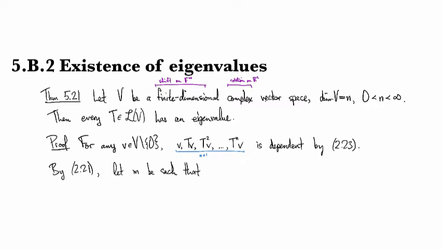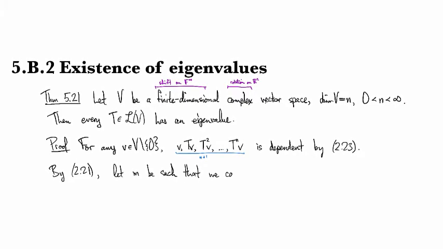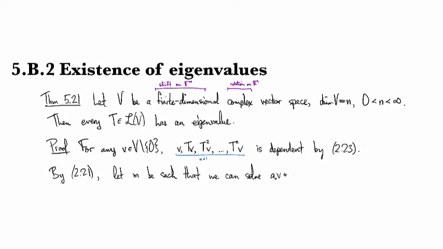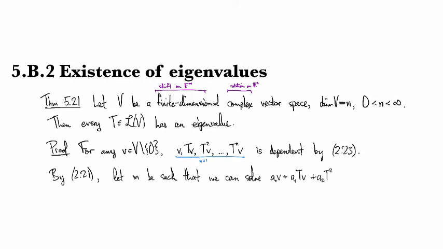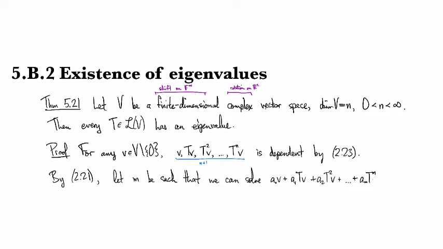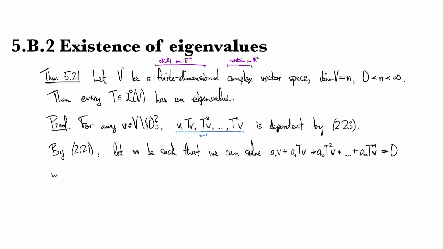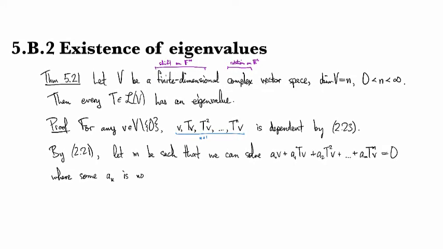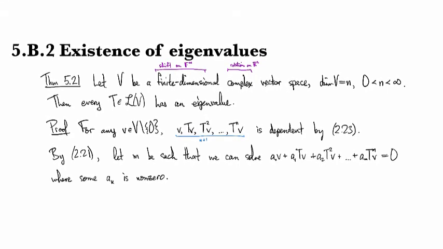So let m be the point where we can solve a0 V plus a1 T V plus a2 T squared V plus up to am T^m V being equal to 0. So that's our first dependence relation. And at least one of those ak needs to be non-zero.